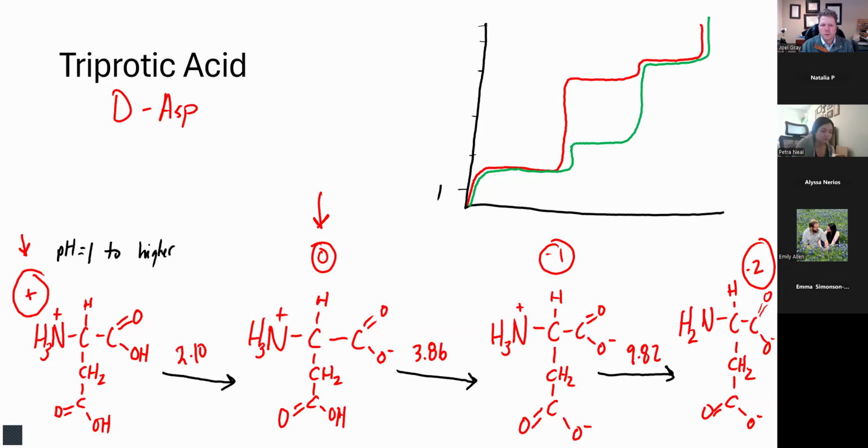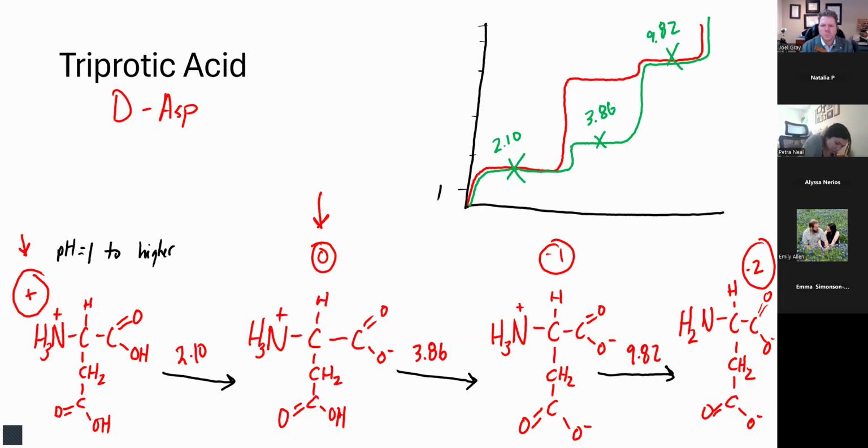Perfect. The first pKa is approximately here, 2.10. The next one is about here, 3.86. And then the last one is here, 9.82. Those are my 3 pKa values.